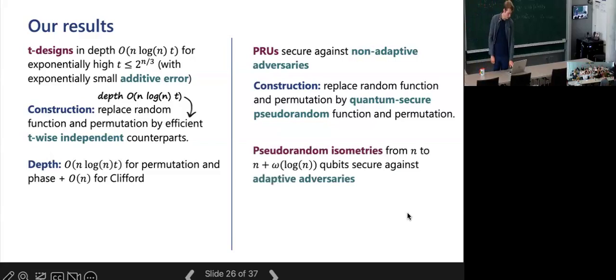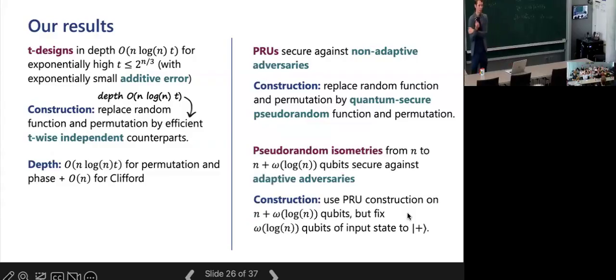And then for the isometries, what you do is you take the PRU construction on n plus little omega of log n qubits, and you fix the little omega log n qubits to the all plus state. This is really just a technical trick to make sure that there's very low probability of collisions.